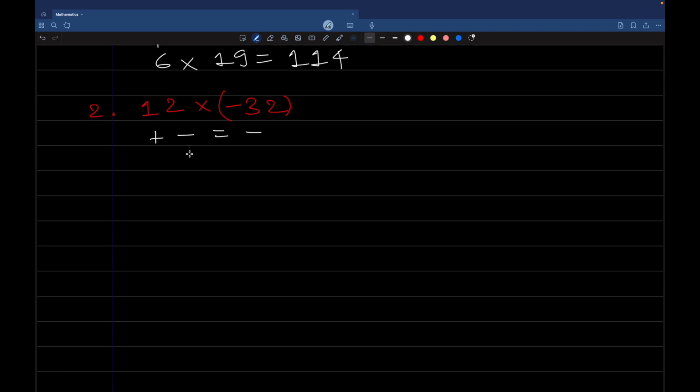Plus into minus is minus, and 12 into 32 is 384, so we have answer minus 384.